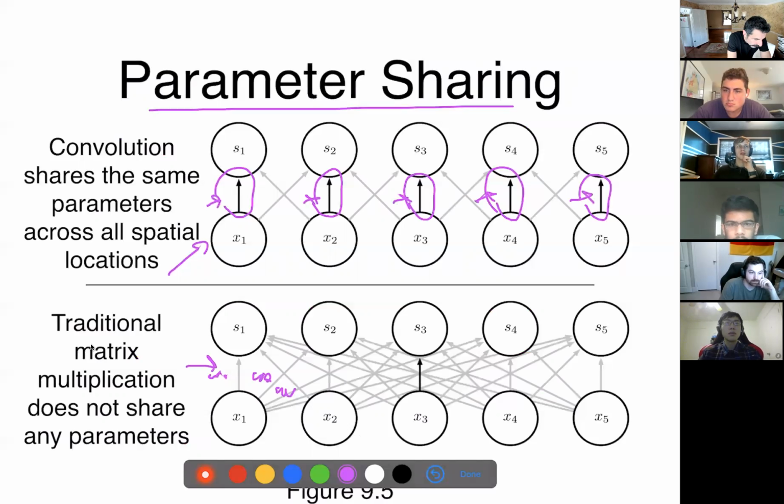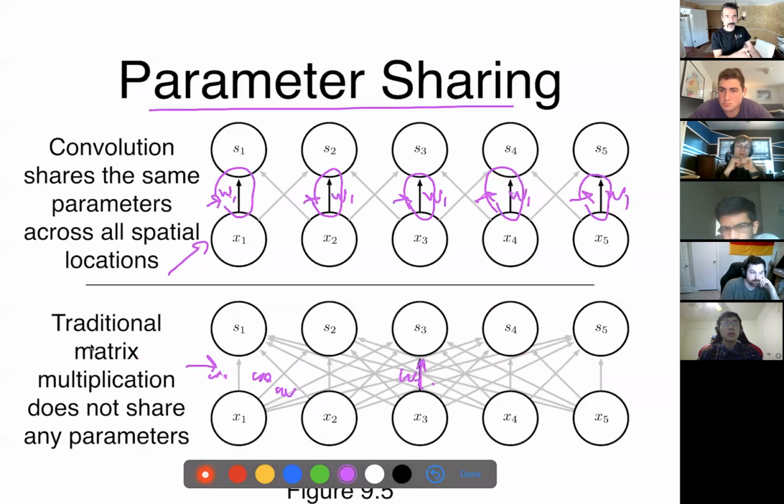If you call this W1, this is also W1, this is W1. But here we had only one W1 and the rest was W2, W3, whatever. They were separate, no parameter sharing. Here we have the same parameter in different places.